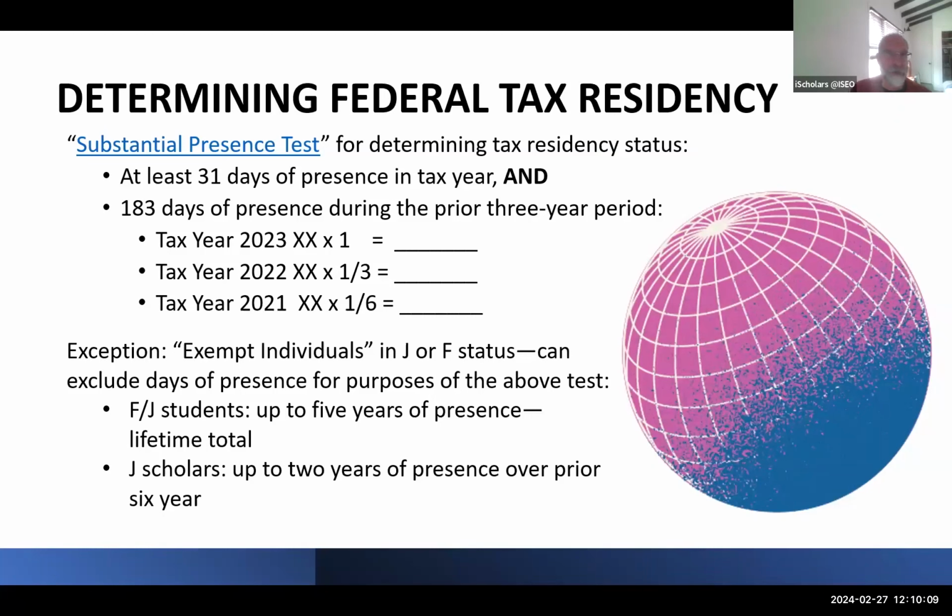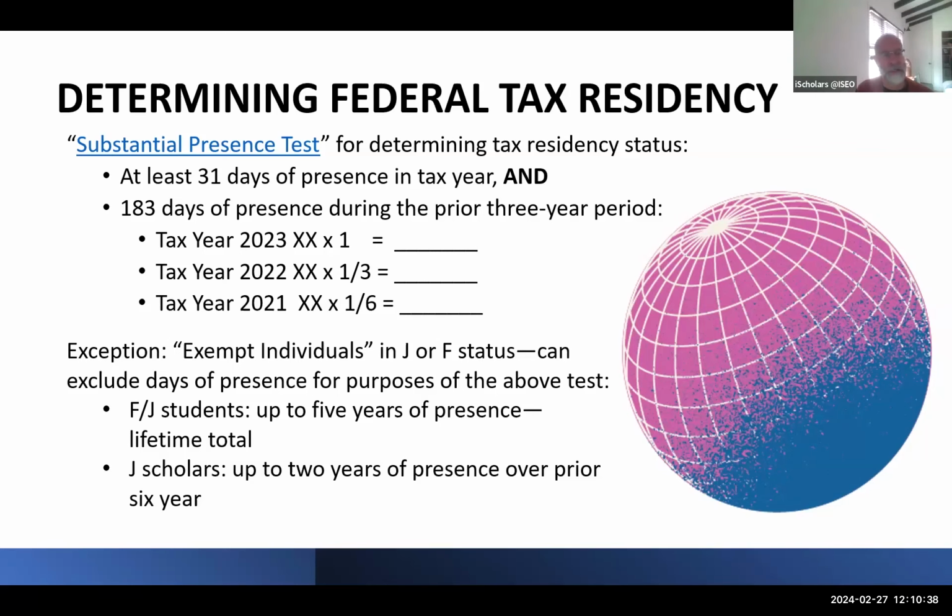If they've been here for 2 years, then in the 3rd year, they start counting. Now, the unusual thing about the scholars is that it's a 6-year look back period. And so eventually, the time you spent 5, 6, 7 years ago is going to fall off this look back period. And so that could then change your residency status.